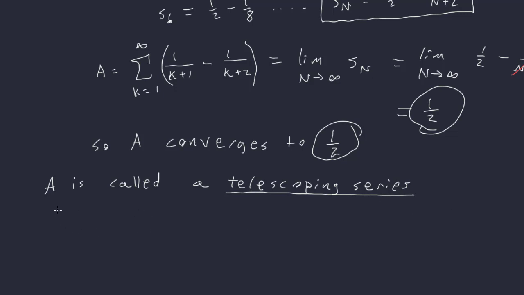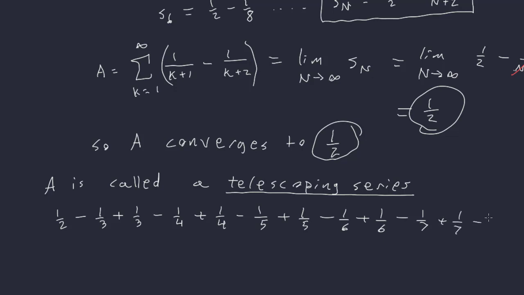If you write it all out, you get a half minus a third plus a third minus a fourth plus a fourth minus a fifth plus a fifth minus a sixth plus a sixth minus a seventh plus a seventh minus an eighth plus an eighth minus, on and on and on.